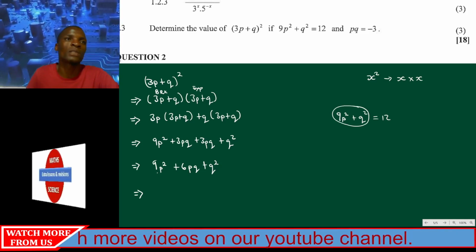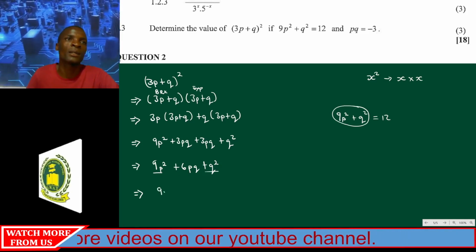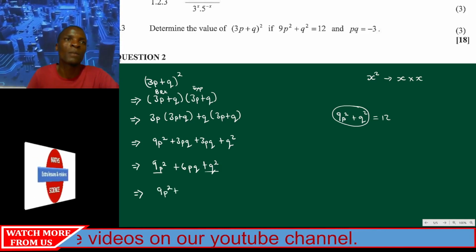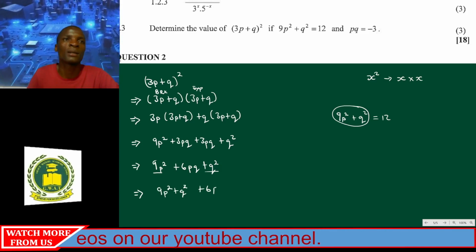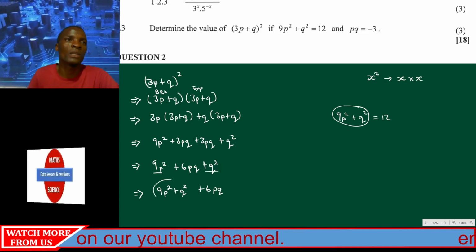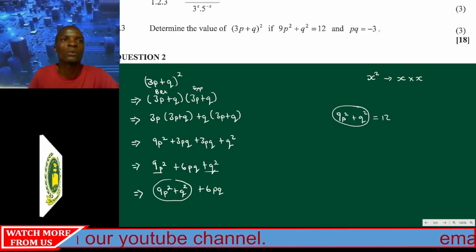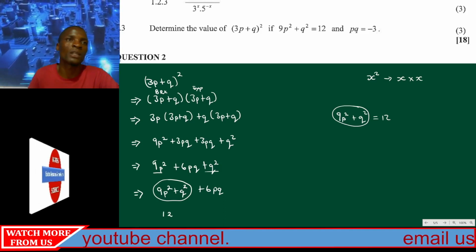We take 9p to the power 2 plus q to the power 2, and then plus 6pq. This whole value, according to what they told us, we are going to put a 12. That's what we call substitution.